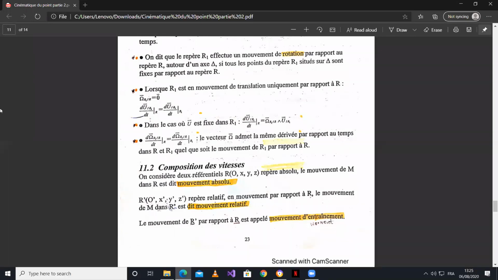Then we have also le mouvement de, this last point, get it in mind. Le mouvement de R' par rapport à R est appelé mouvement d'entraînement.